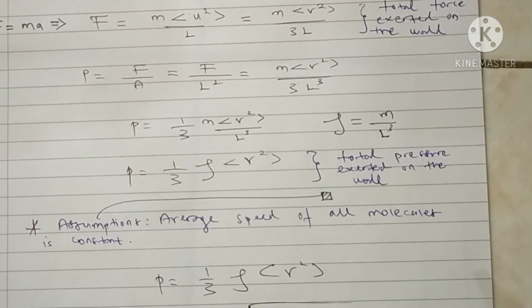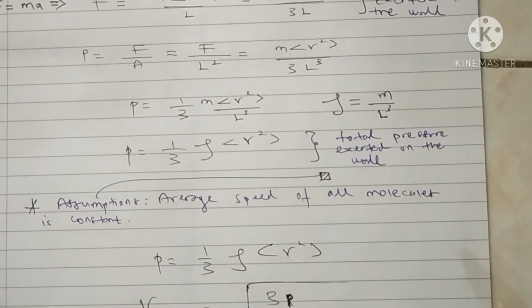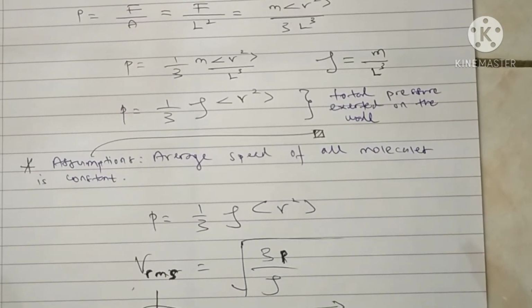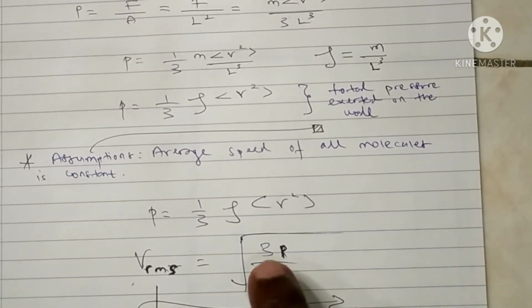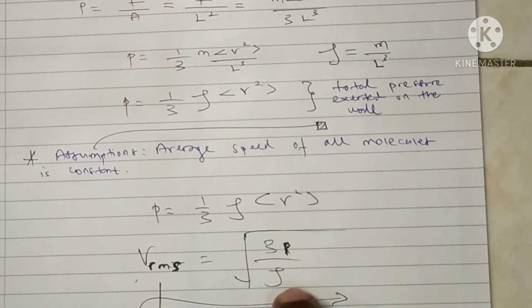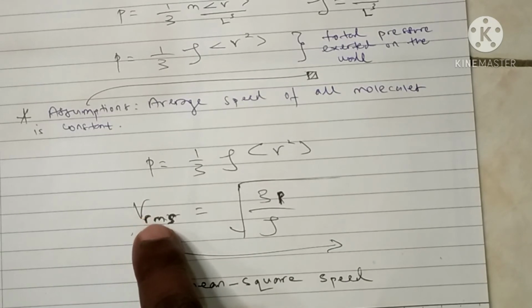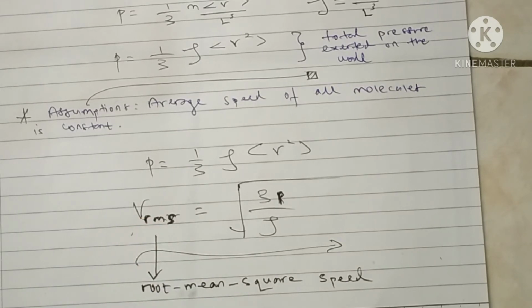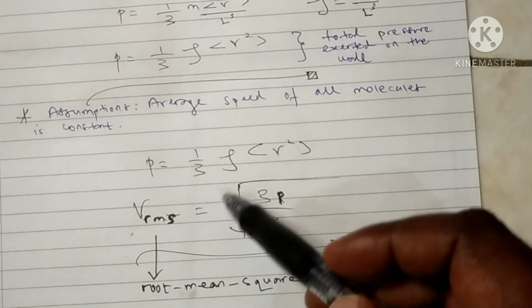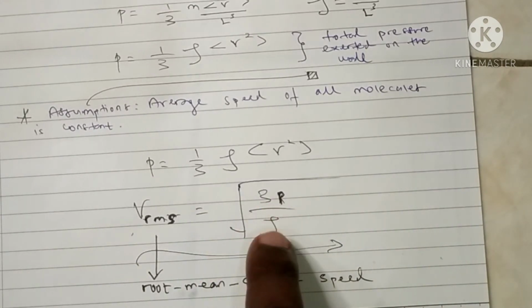Therefore, the root mean square speed of a molecule equals the square root of 3 times pressure over density. This is the symbol of root mean square speed, VRMS, which is the square root of 3 times pressure over density.